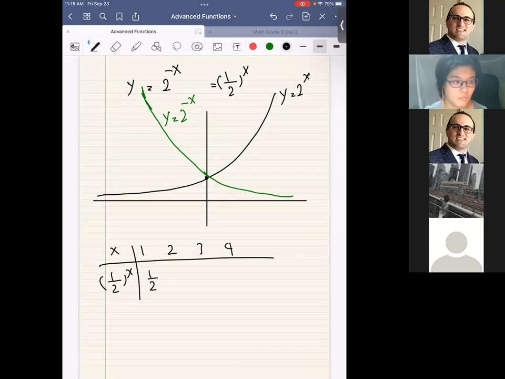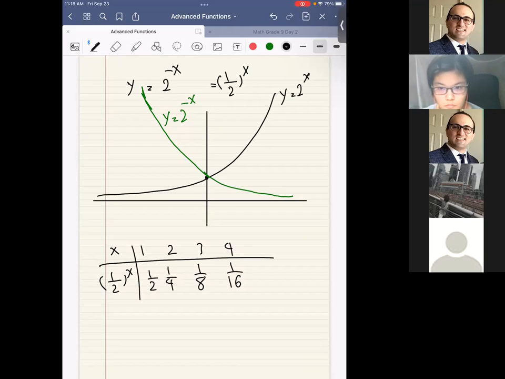It's 1/2, 1/4, 1/8, 1/16. You see? So this is known as a decreasing function. That means when the value of x increases, the value of y decreases. However, 2 to the power x is an increasing function because when the value of x increases, the value of y increases too.